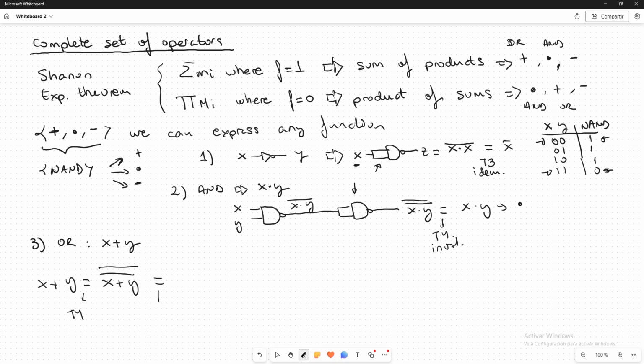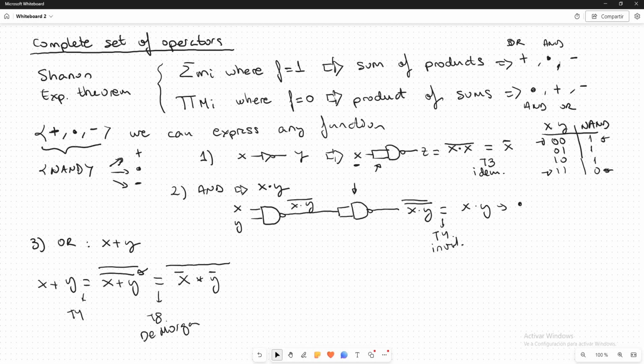Now we can apply here theorem 8, De Morgan's law, and we are going to break only the first complementation. So we are going to have this.